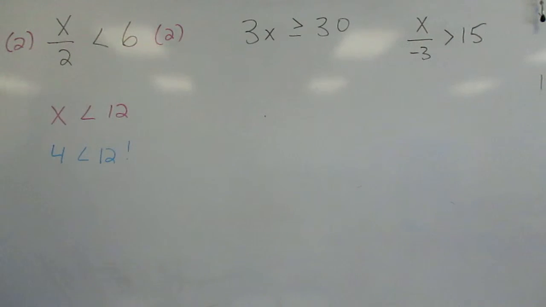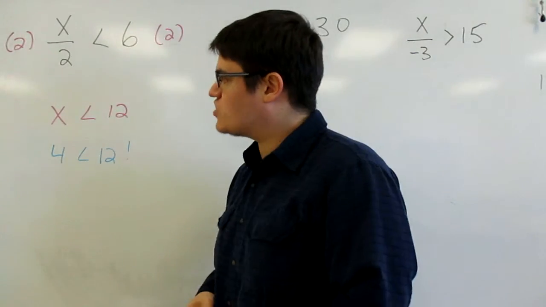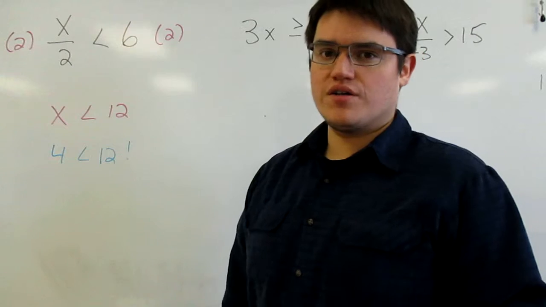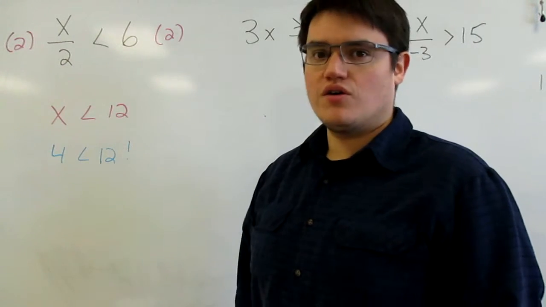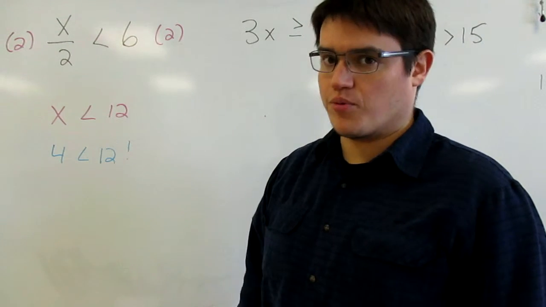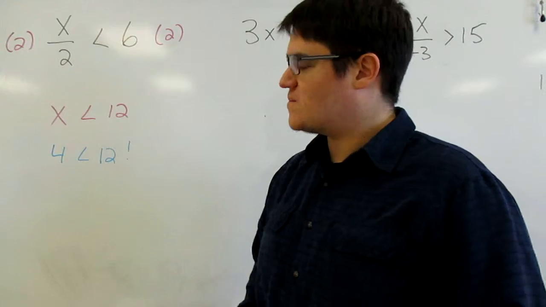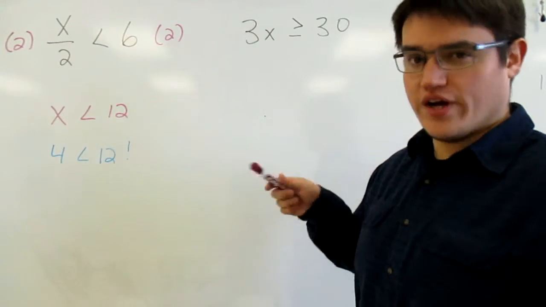Is 2 less than 6? Yeah. So it seems like the properties of equality, multiplication, work for inequalities. This proof is not going to win you any Nobel Prize, but it's something good to keep in mind. Try other numbers too, like 0, negative numbers.